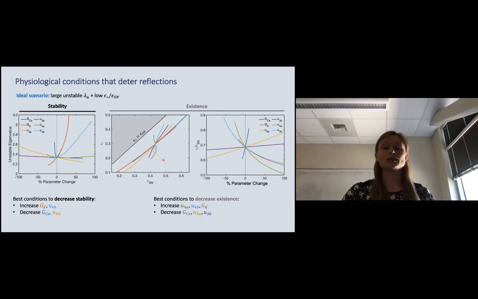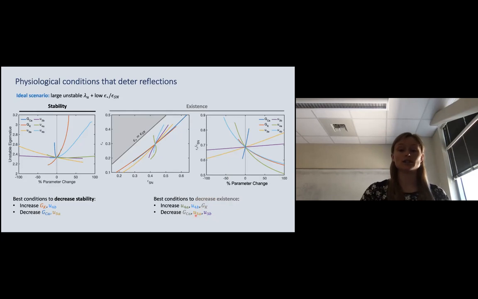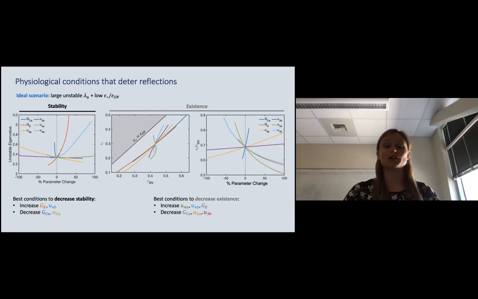We also see that it would be able to decrease this existence by changing U3A and U3B. We also have this heavy influence of GK and GCA, but that impacts both these bifurcation points heavily, so it's unsure what the direct impact on the 1D spiral is from those two.